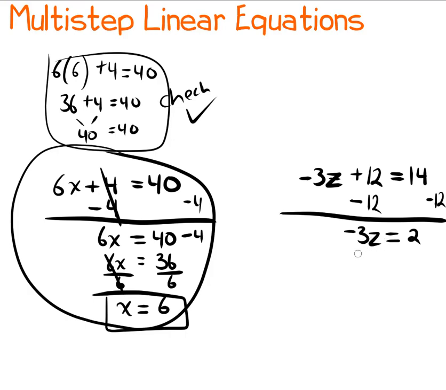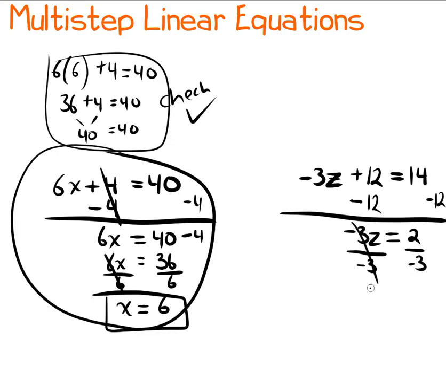And now my next step is I need to figure out, well, what's keeping me from getting my z alone? And as you can see, it's being multiplied times a negative 3. Because it's being multiplied times a negative 3, I need to divide by negative 3 in order to get z alone. But since I'm doing it on this side of the equation, in order to keep the equation intact and keep it from breaking, I actually need to do the same on this side.